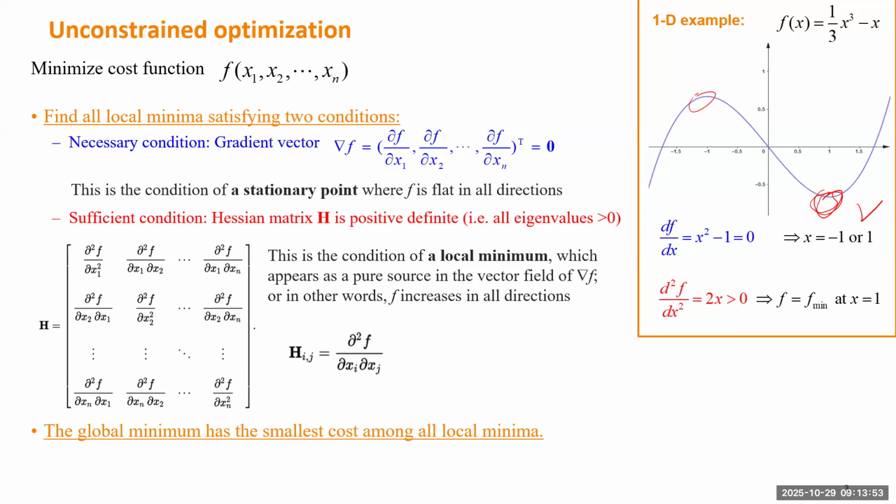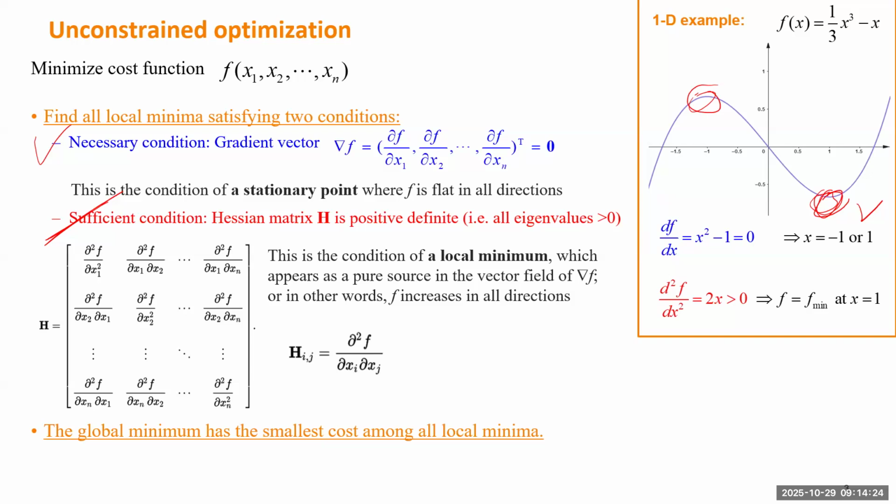If you don't have many variables to solve, so you're dealing with a lower dimensional problem, you may skip the second condition, the sufficient condition. You only check the necessary condition. By checking the necessary condition, you identify all the stationary points, and then you calculate the function values at all the points. The one taking the minimal value will be the final solution.